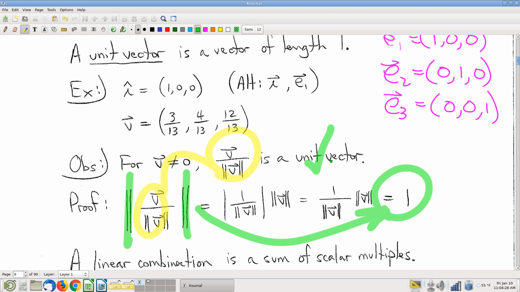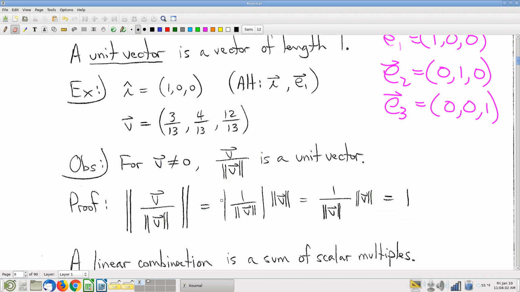Those details I want you all to go through and think about on your own. Notice that we are taking advantage of a previous formula: if I've multiplied a vector by a scalar, its magnitude then gets multiplied by the absolute value of that scalar. So we've already established that works, so we can do that.